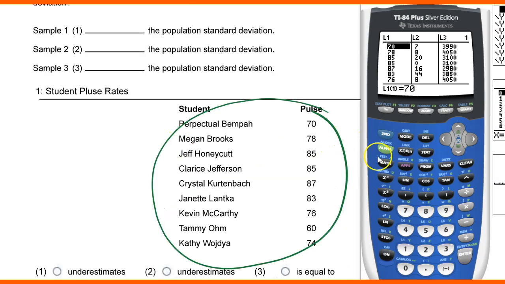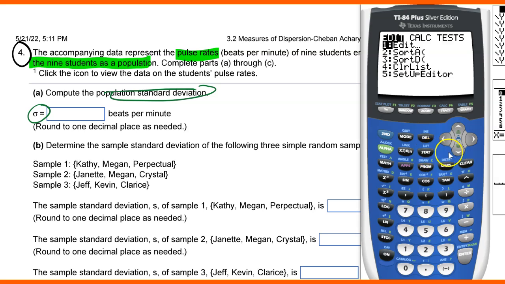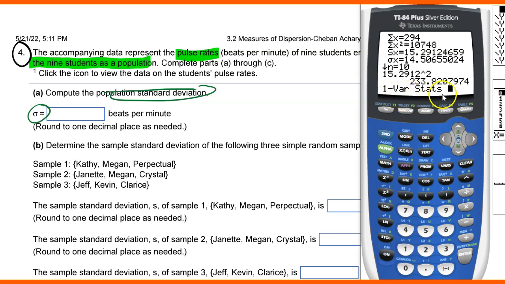Okay, since I put the data in the calculator under L1, to find the population standard deviation, all you have to do is press stat. You select calc using the right arrow and press 1, which is 1-Var Stats, and we put the data in L1. Therefore, by default, the calculator takes data from L1.